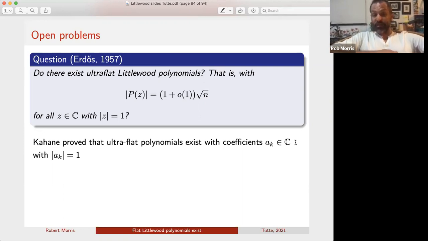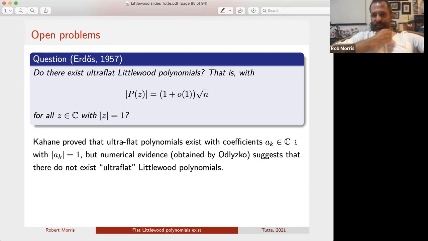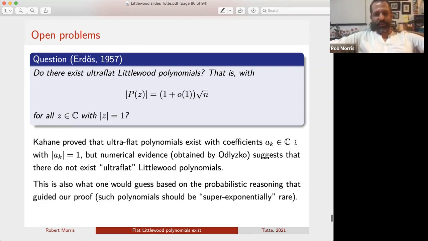So there do exist ultra-flat polynomials with complex coefficients. But numerical evidence that I showed you earlier suggests that the answer should actually be no for Littlewood polynomials. And perhaps even more convincingly, our heuristic also suggests the answer should be no.